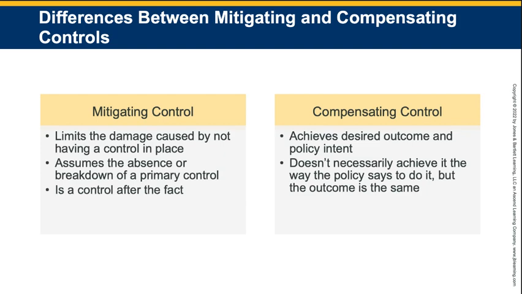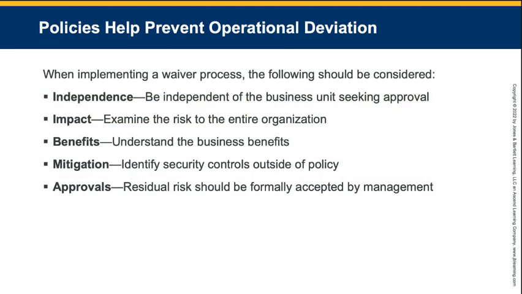Next, we take a look at policy on how to prevent operation deviation. We have a waiver policy, including independence. This is basically a sub-unit of the business, for example, accounting, HR, they have their own mitigation, for example.